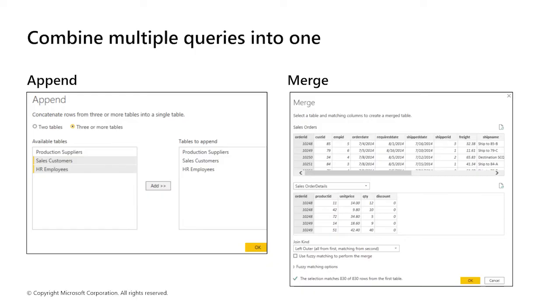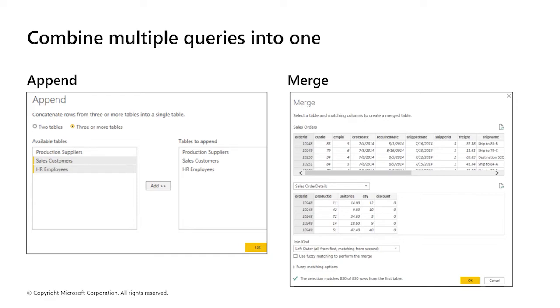When we merge queries, we are combining the data from multiple tables into one based on a column that is common between the tables. This process is similar to a join clause in SQL. And essentially, we will be adding columns from one table or query to another table or query based on that column. So to merge the two, we have to have that column key between the two tables.